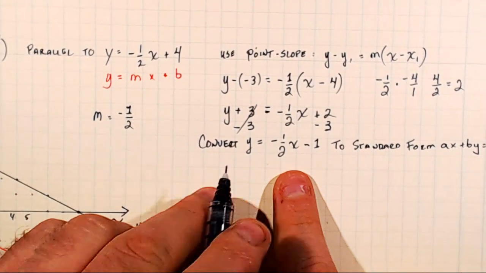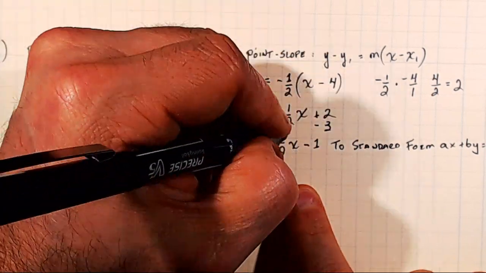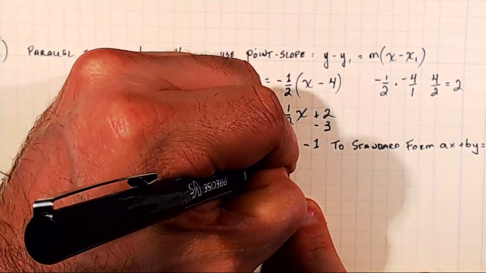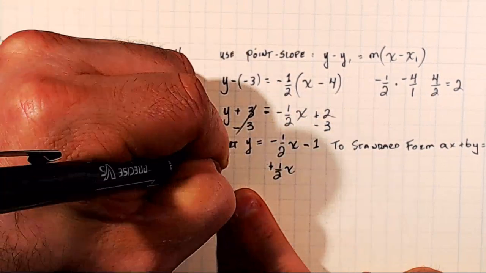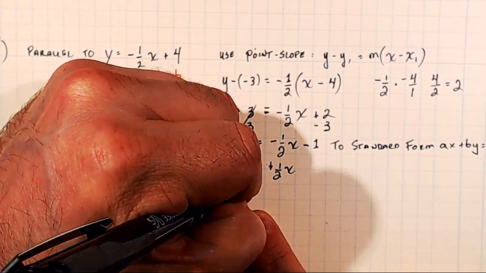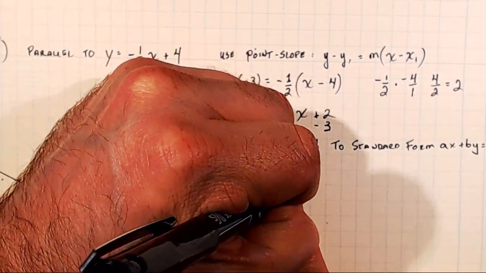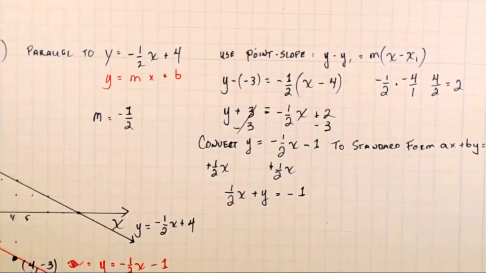All right, so just like in all of these, I have to move the x term to the left side of the equal sign, so I'll add 1/2 x to both sides. And I have 1/2 x plus y equals -1.